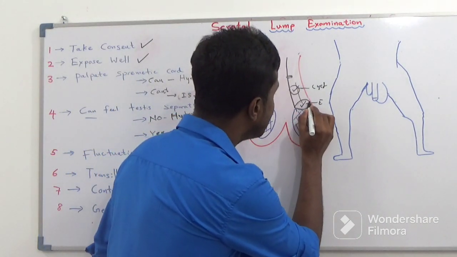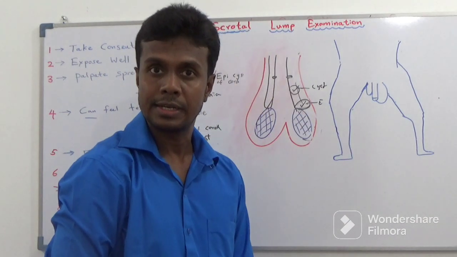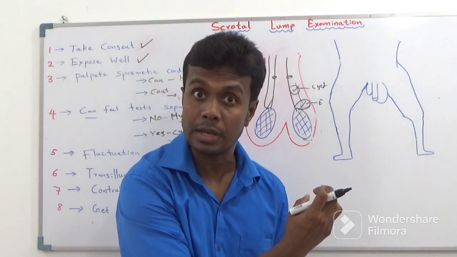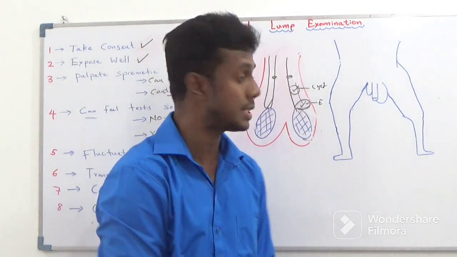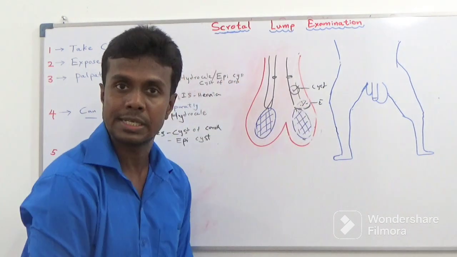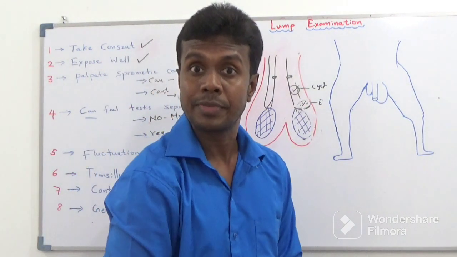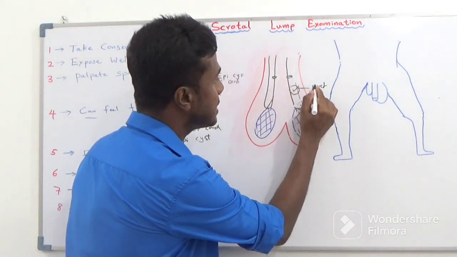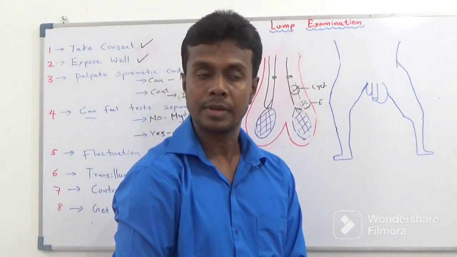Most of the time, you can palpate the testis separately, but the lump is very close to the testis. Then it is an epididymal cyst. If the lump is a little bit far away, that is a cyst of the cord.